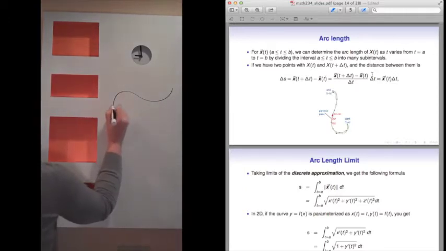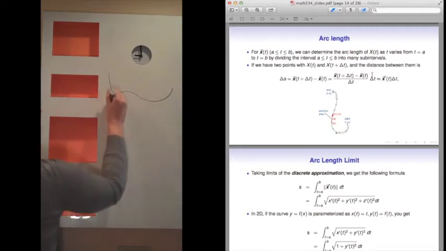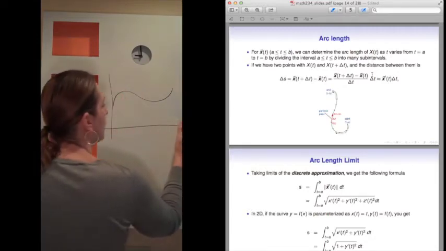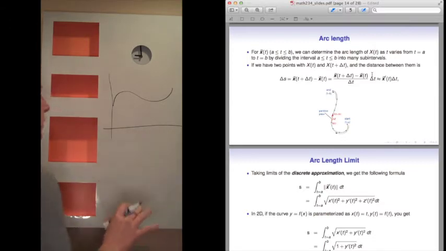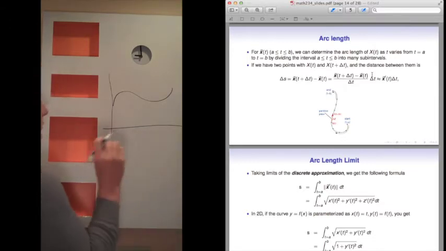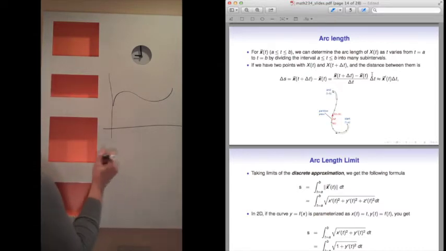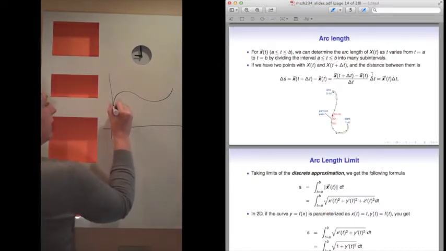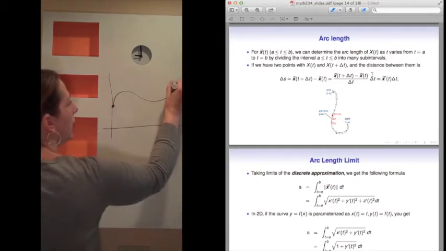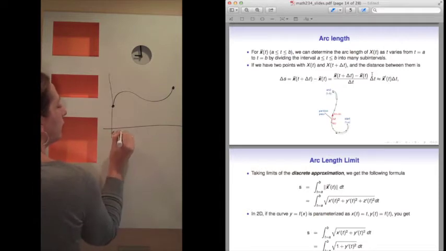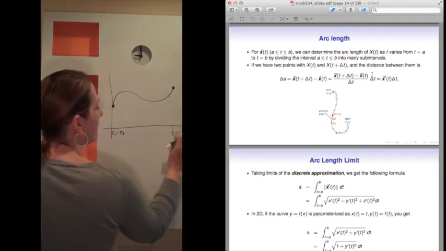So say I have it parameterized from t equals 0 to t equals 1, and I'm going to go back to a formula that you may have learned already. If you haven't, it's easy to understand in the context of everything else I'll describe today. But suppose I had some time point here, so here's t equals 0, and here's t equals 1.